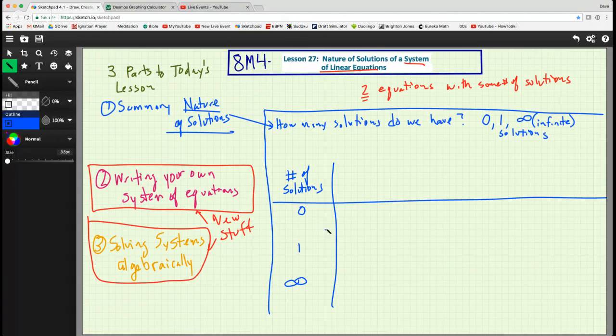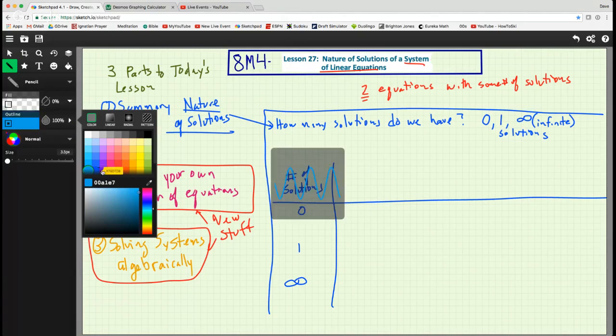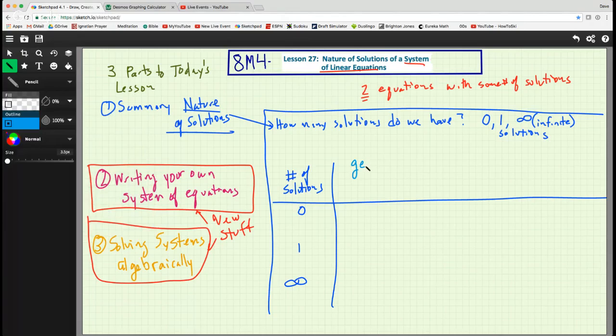And we can describe this geometrically, on a graph, or we can describe it algebraically. We'll do the algebraic ones in a second. If we have 0 solutions, remember, that's parallel lines.